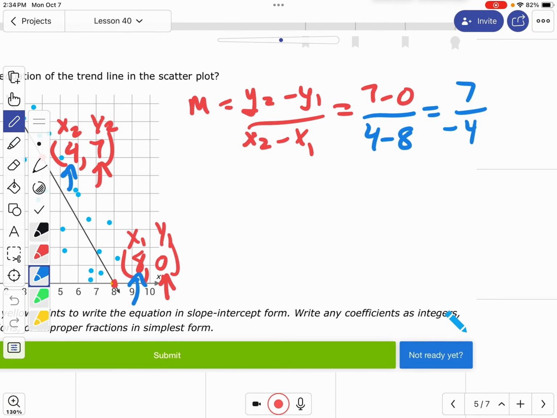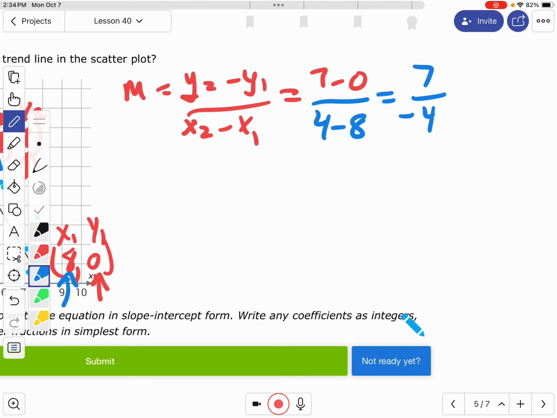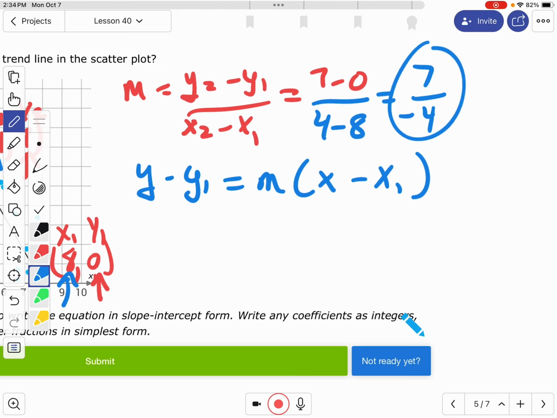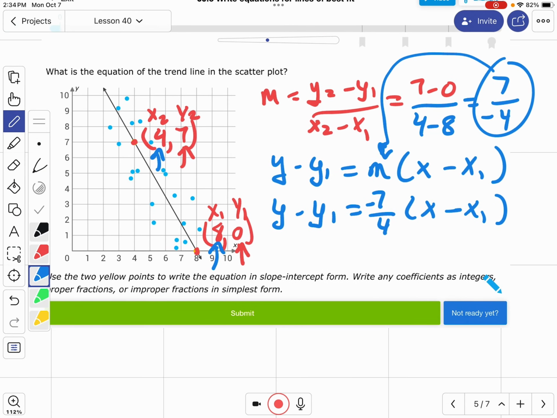Now, because I don't have an intercept, I have to use the point-slope form: y minus y1 equals m times x minus x1. Okay, so I'm going to put my slope in right here. Negative 7/4 of x minus x1. And now I'm going to go back and just pick one of those points.